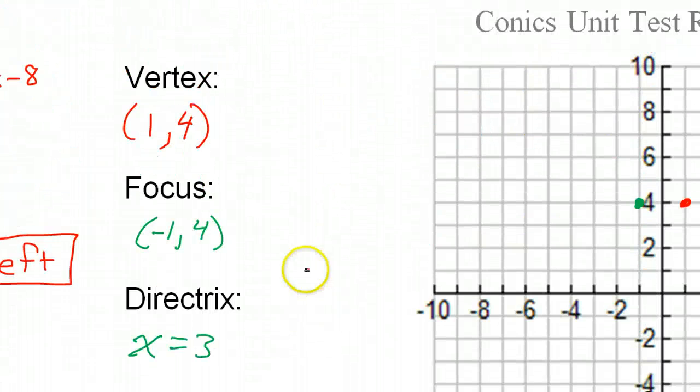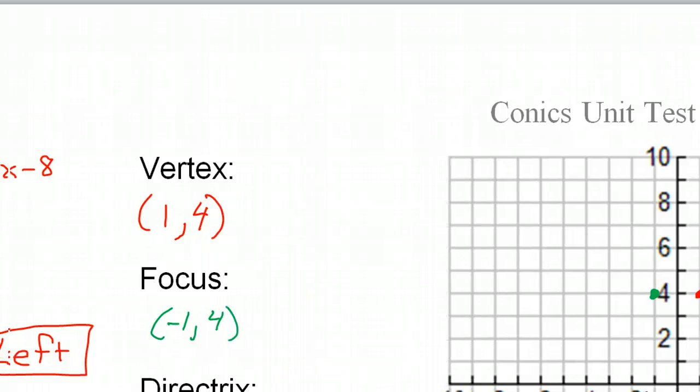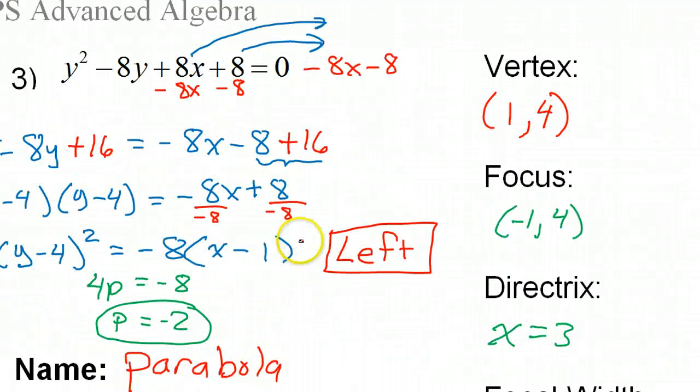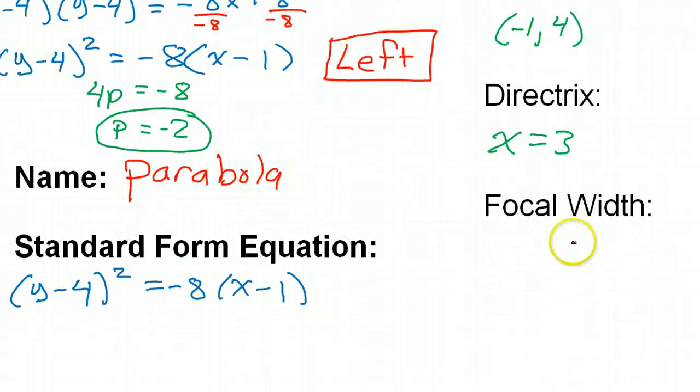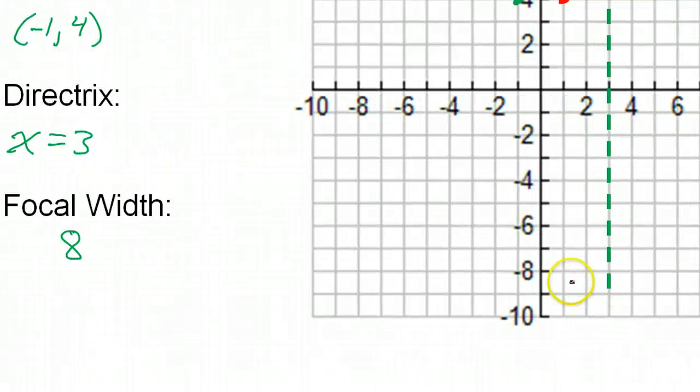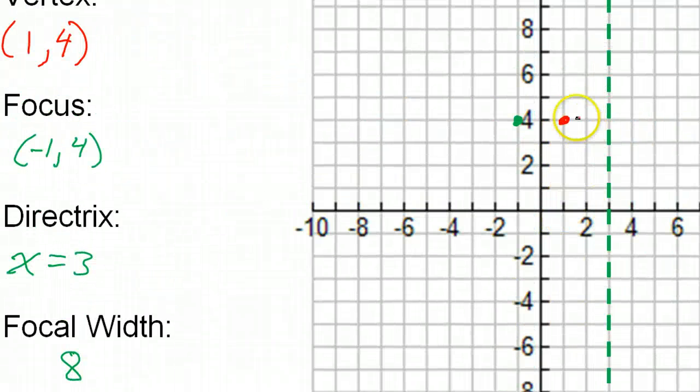Okay, the focal width. The focal width comes from this number right here in the front. The focal width is always positive though, so we're just going to call it 8. That will allow me to place a couple extra points on this graph.